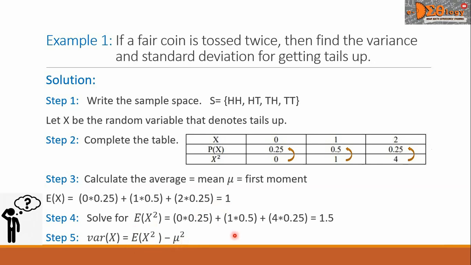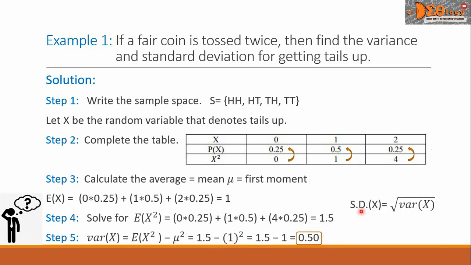Substituting the corresponding values, we have now 1.5 minus 1 squared. This 1 squared is simply 1. So 1.5 minus 1 is 0.5. So this is the variance.